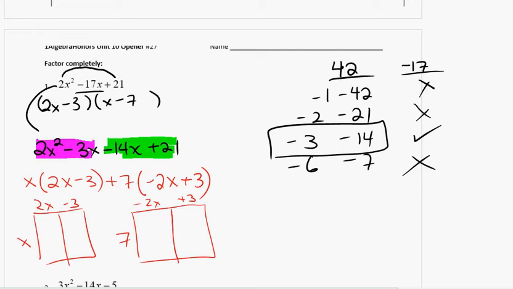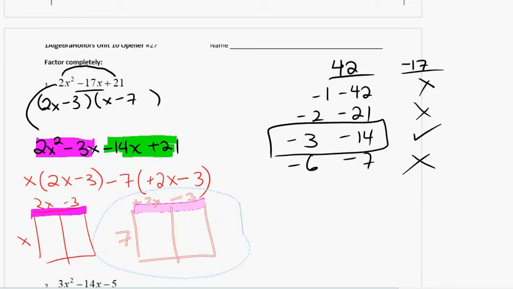Hopefully you notice, maybe you don't, that if I factored out a -1, if I made this a -7, this would become positive, this one would become negative, and now geometrically I have 2 items with the same lengths here. And so when they have the same lengths, I can align them.